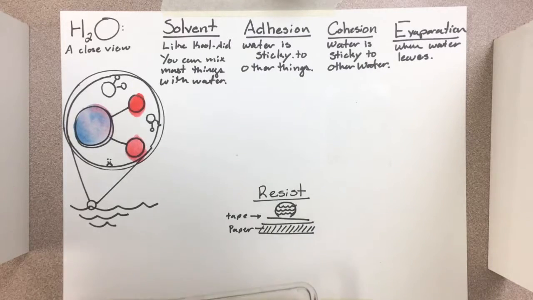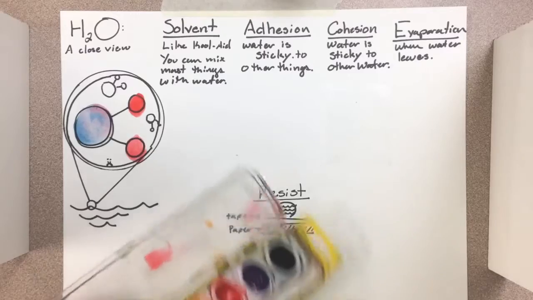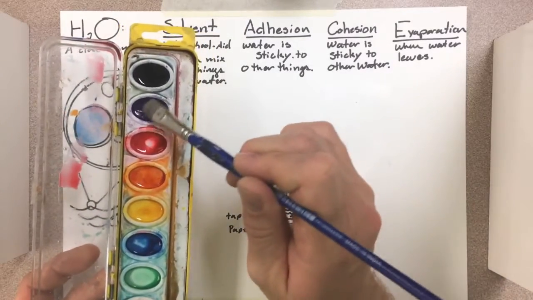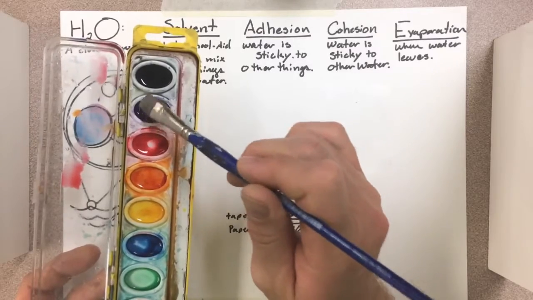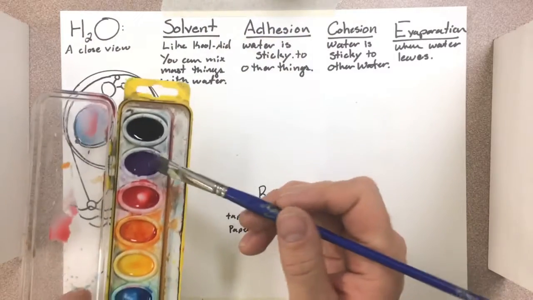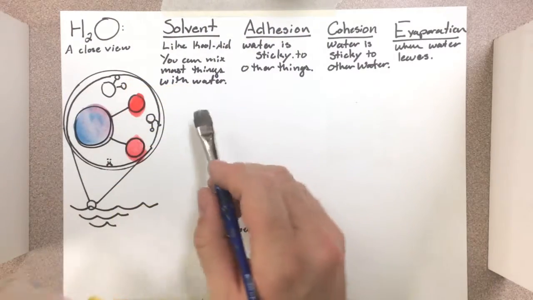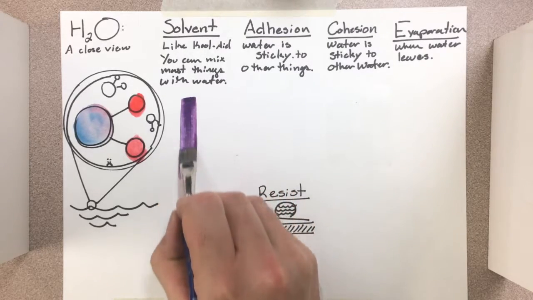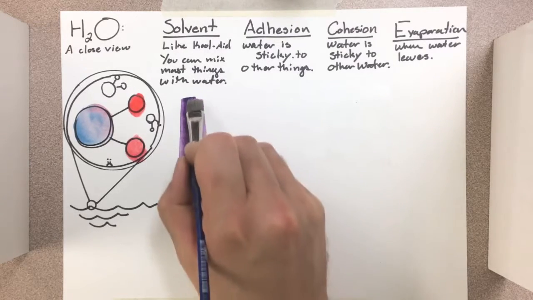Well, first of all, water is a solvent. That's the whole reason why we can take water, put it into these little cake things here, and it dissolves the paint. And when it dissolves, it's like Kool-Aid, you know? It becomes part of the liquid. This is really unique.